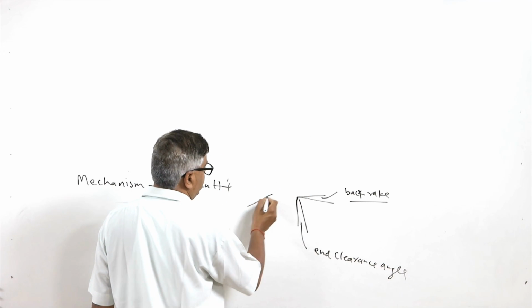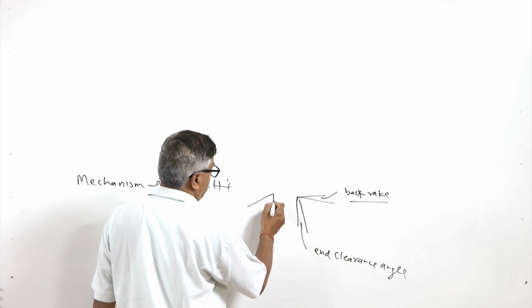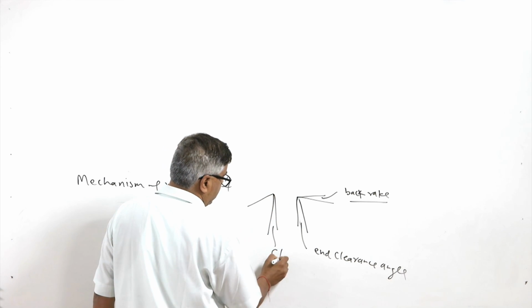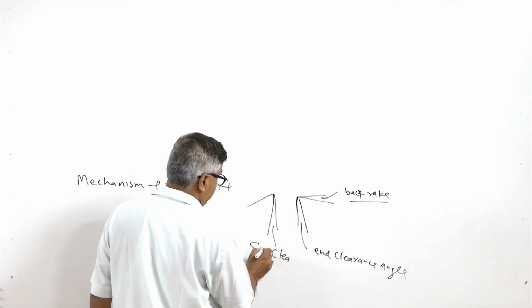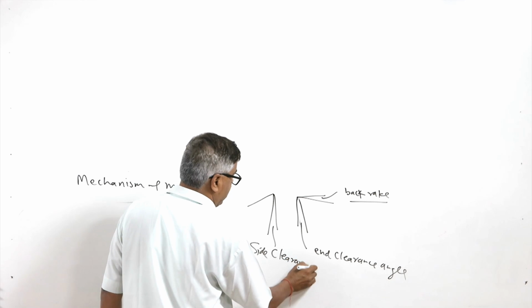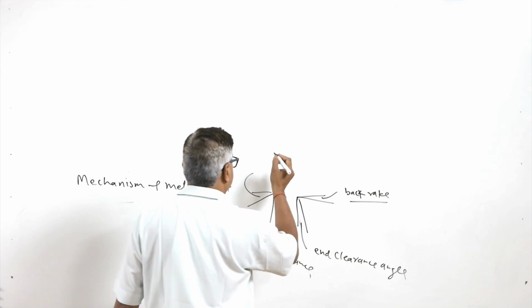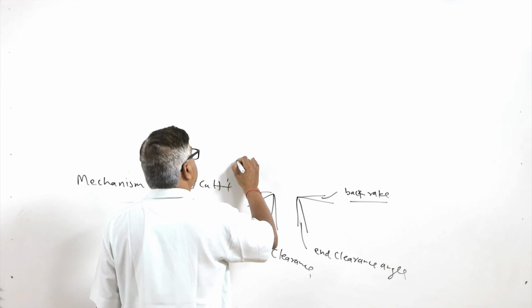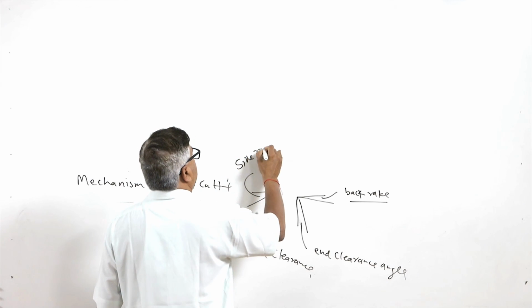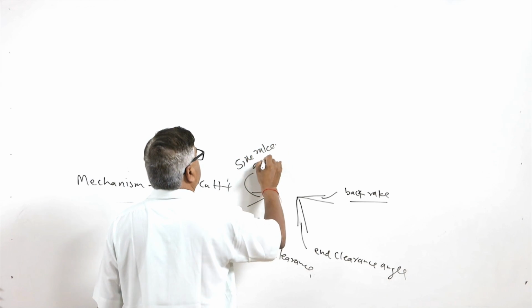In the side view, if we see, this is the side clearance angle, and this is the side rake angle.